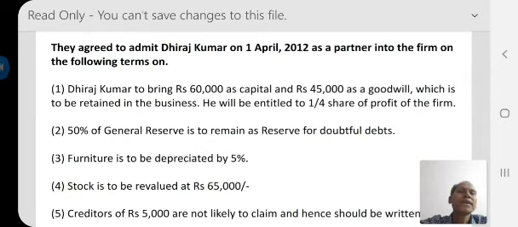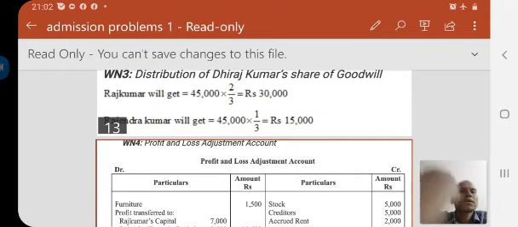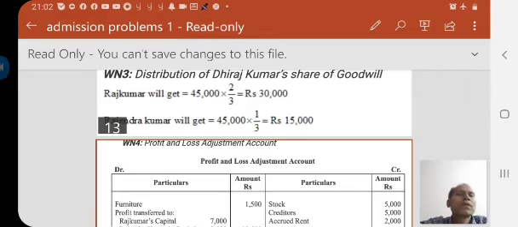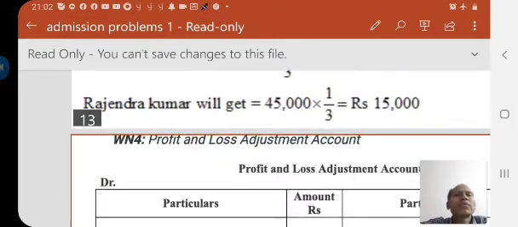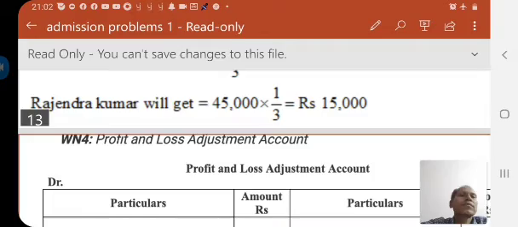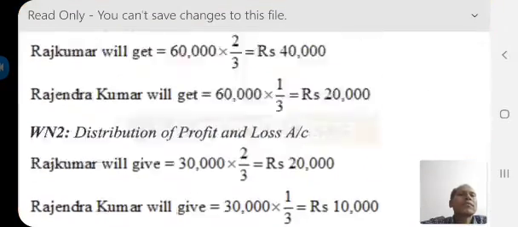Goodwill should be retained in the business.